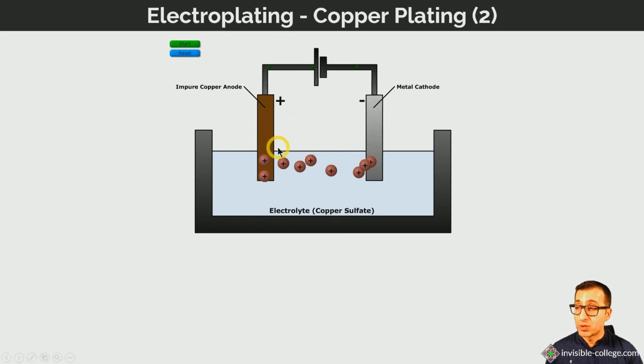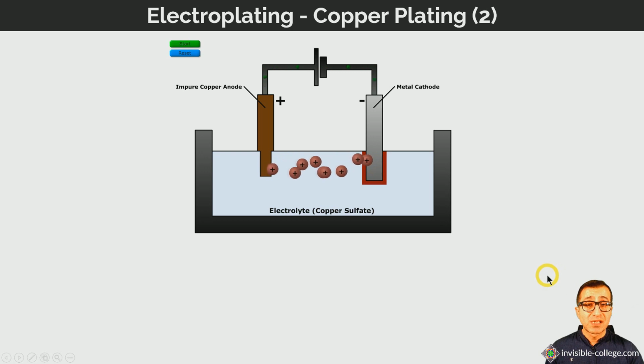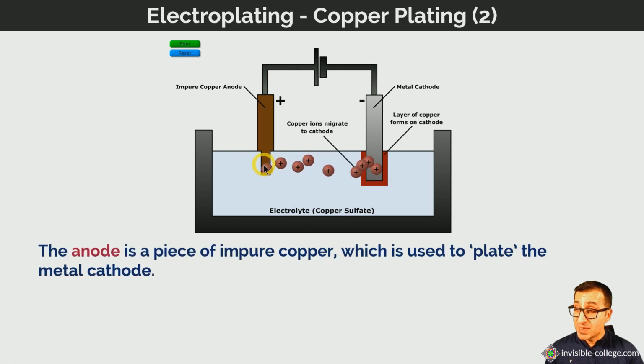We have the metal cathode that we want to lay down the copper deposit onto the surface of, and we have an anode made up of impure copper. Again, the electrolyte that we're using is copper sulfate. The anode is a piece of impure copper, and it's the copper from the anode that we're going to use to plate the metal cathode, or whatever metal object we're using as the cathode.